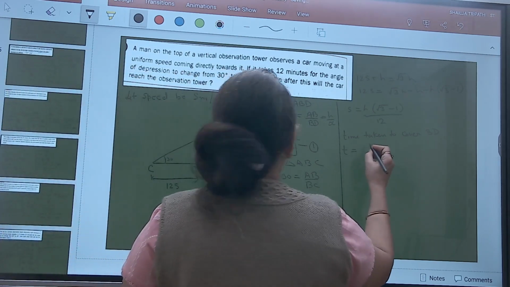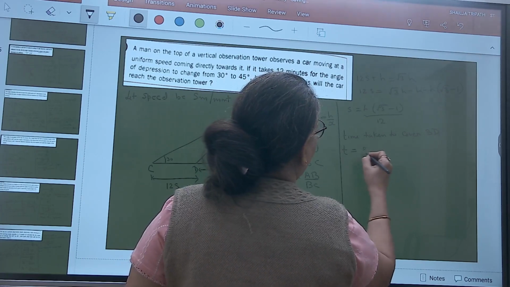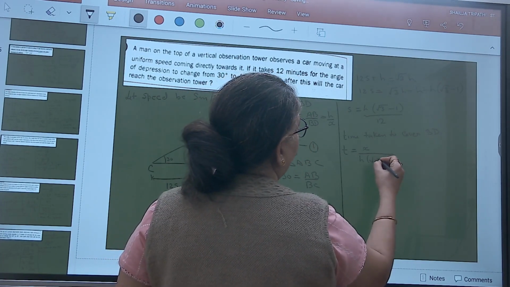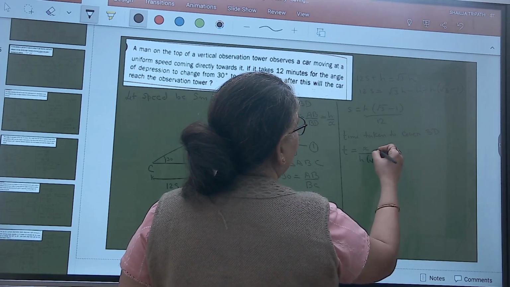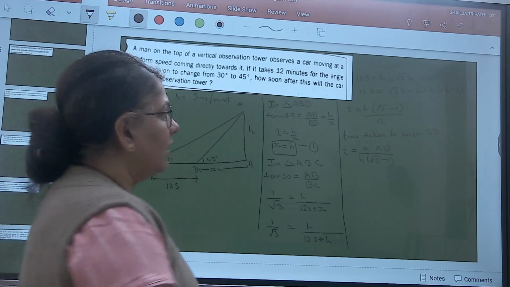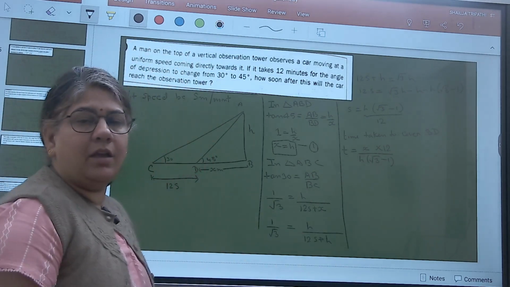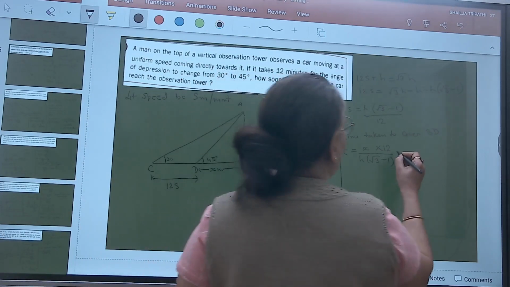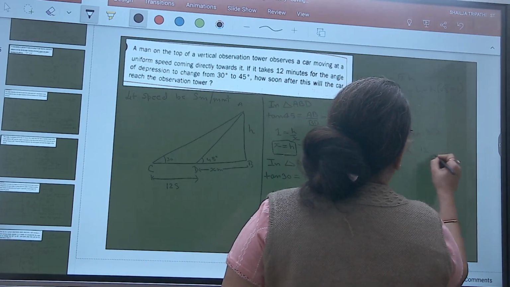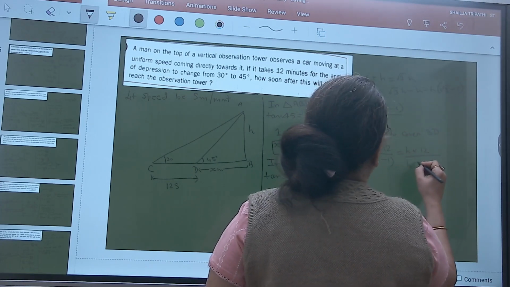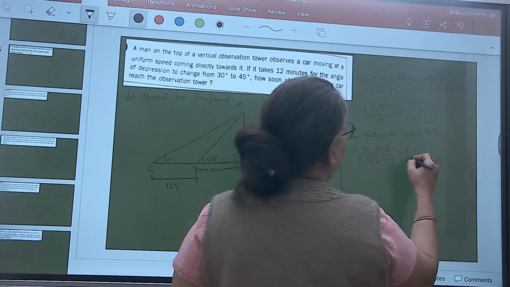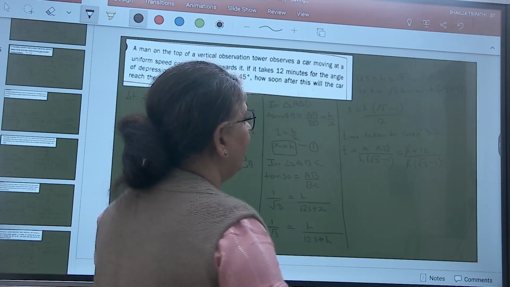So distance is x and speed we already know, h into root 3 minus 1 divided by 12, which will go in the numerator. Now replace this x by h. So what we get, h into 12 upon h into root 3 minus 1. Cancel out h and we get time.